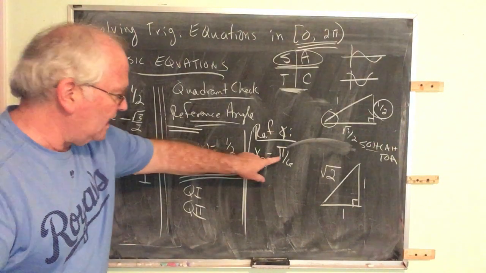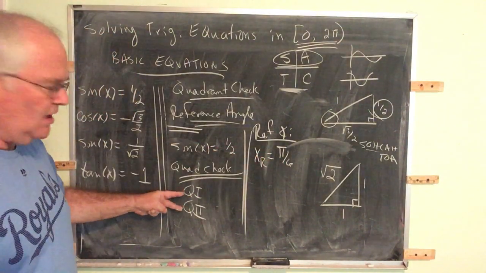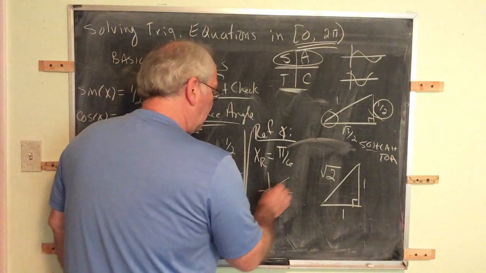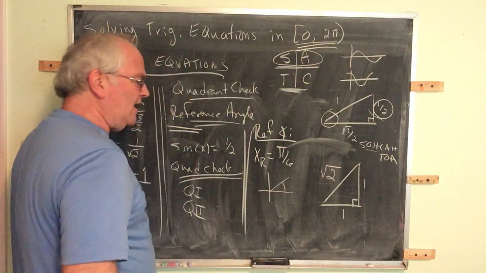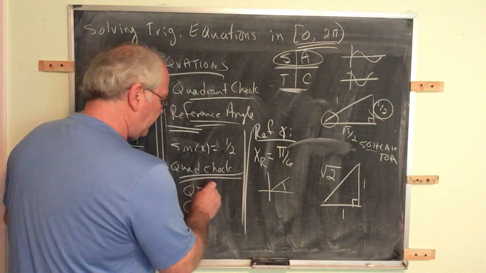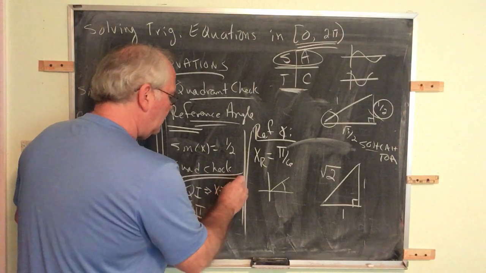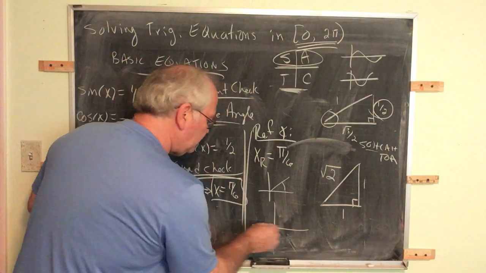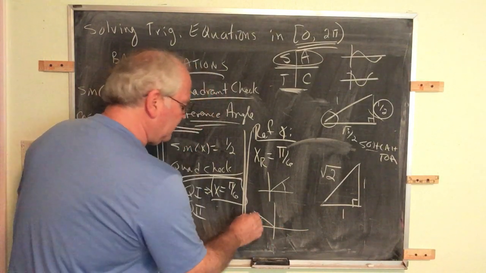The only thing that's left to do is take that reference angle, put it in those two quadrants, and you're out. There's a quadrant 1 solution. In quadrant 1, the reference angle is the angle. So our quadrant 1 solution, x is pi over 6. Quadrant 2, this is pi over 6.